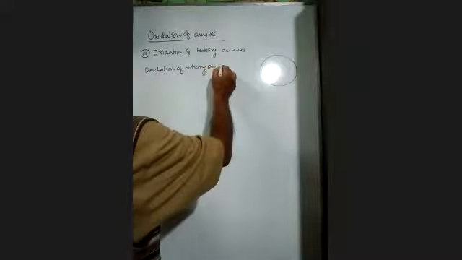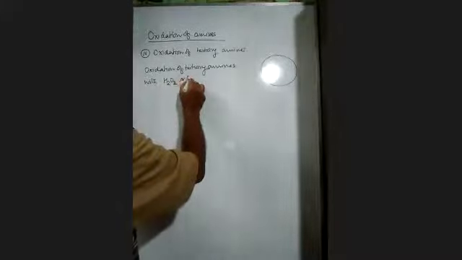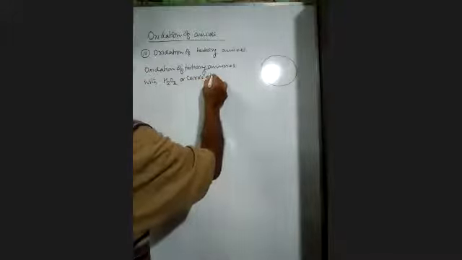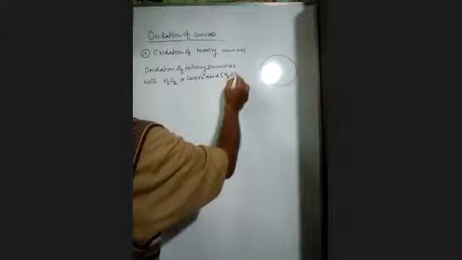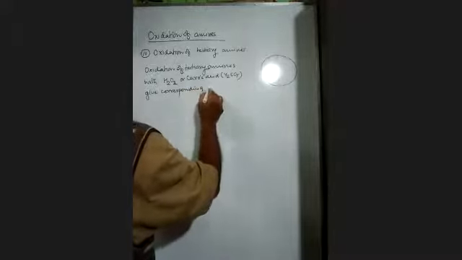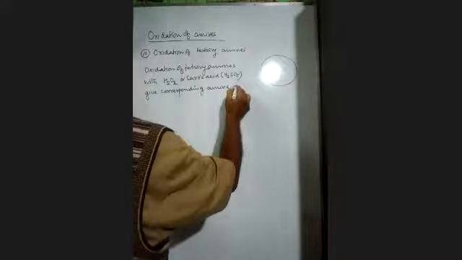Oxidation of tertiary amines with hydrogen peroxide or Caro's acid, means H2SO5, gives corresponding amine oxides. Okay? So I'll write like this.